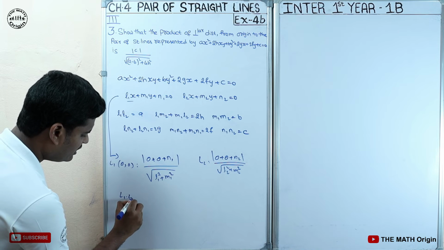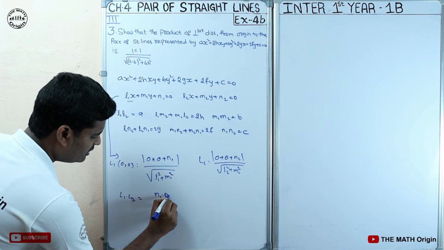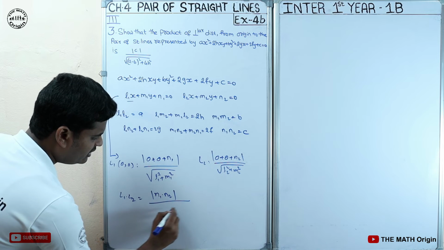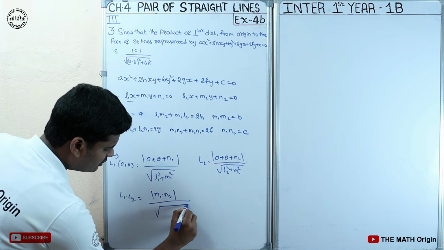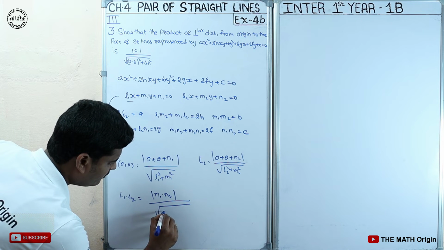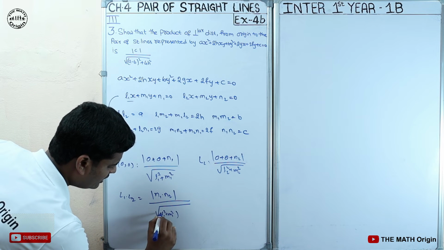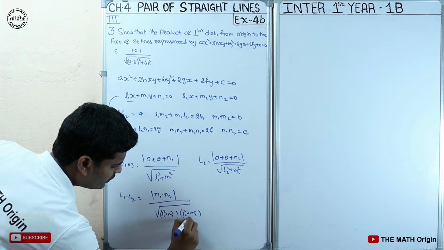So it is modulus of N1 N2 by root of L1 square plus M1 square into L2 square plus M2 square.